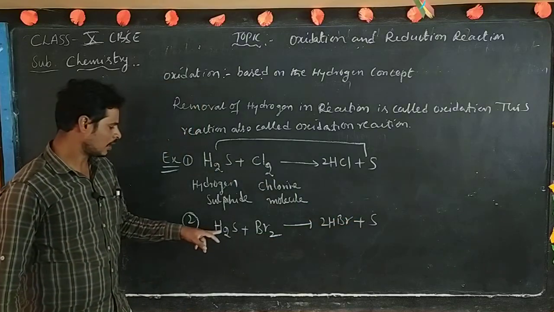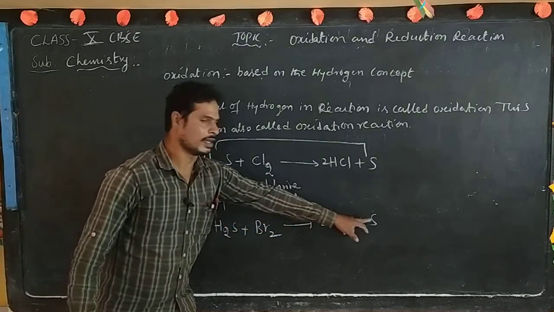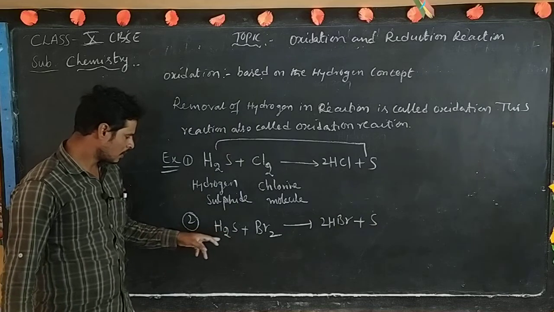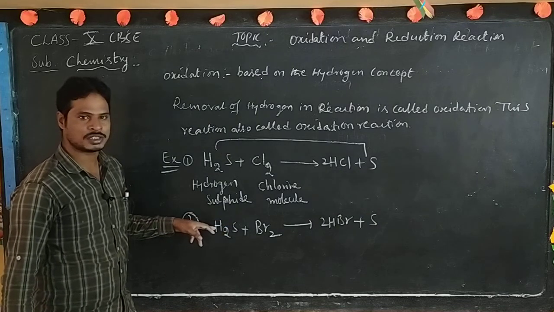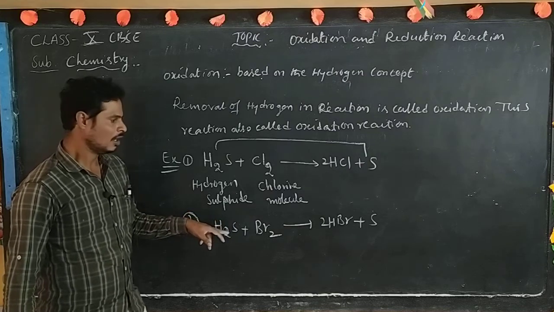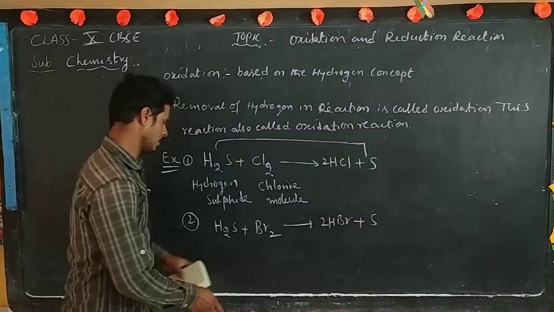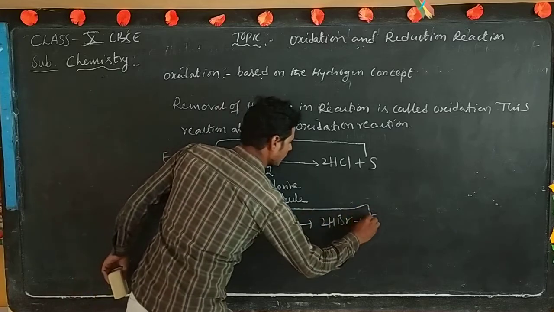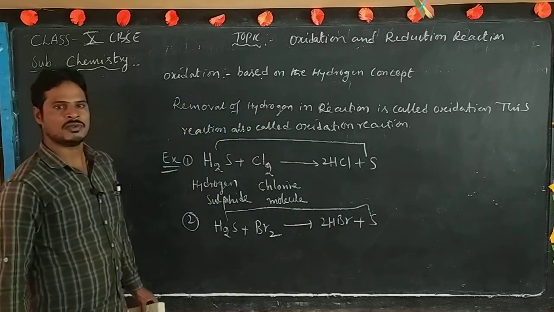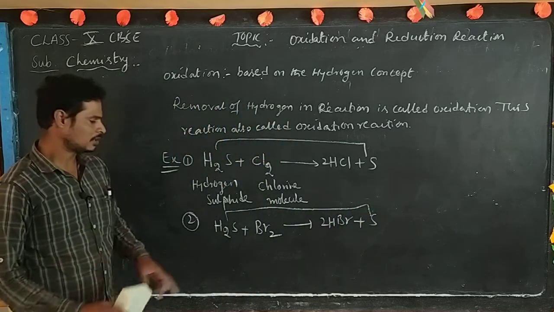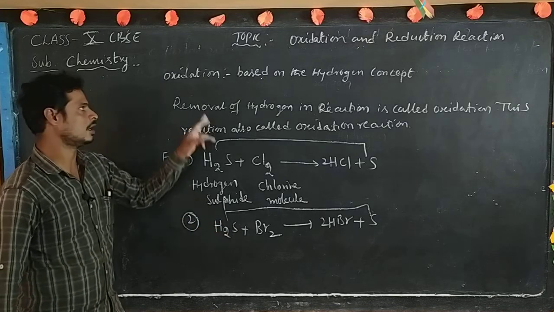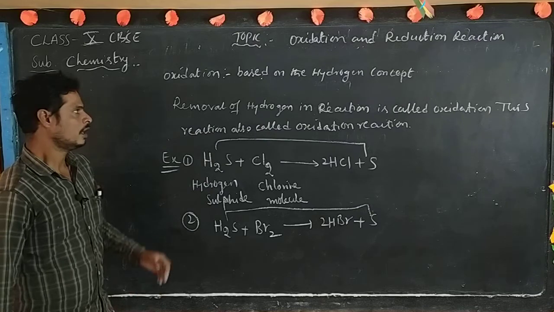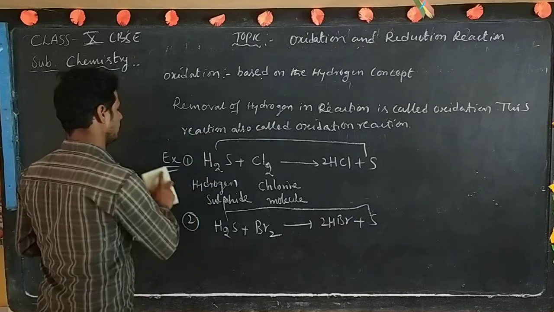Here we observe H2S and S. So H2S completely loses the hydrogens. Lost means removal of hydrogens, after which we get sulfur. This is also an example of an oxidation reaction, because here two hydrogens are completely removed from this substance. That's why we call it an oxidation reaction. Next, the second concept.